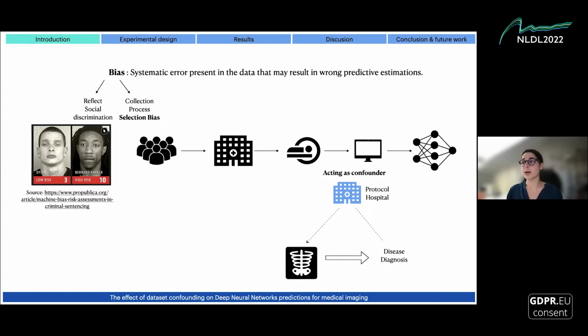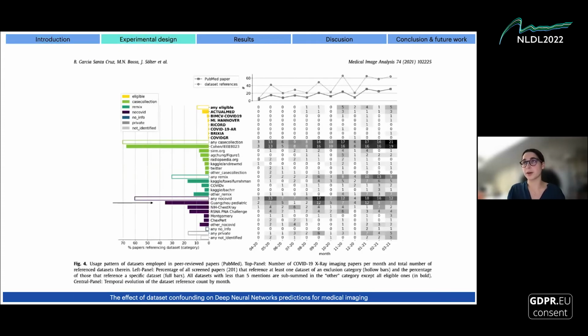For instance, if we have one image, like a chest X-ray, and we want to predict the diagnosis of one disease, the specificities of a hospital's protocol can act as a confounder in both. This is especially relevant when we change the protocol of the hospital, when we are trying to mix different protocols, because we are mixing different hospitals, or because we are mixing different datasets to train a model, something that is very common in deep learning.